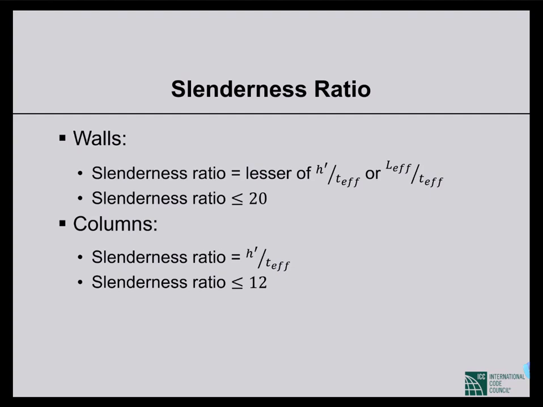For columns, slenderness ratio is always effective height to effective thickness ratio, because for columns there is no length, that is, length is very small, less than 3t. So slenderness ratio is effective height to effective thickness ratio, and for columns this must be less than 12 for masonry columns.